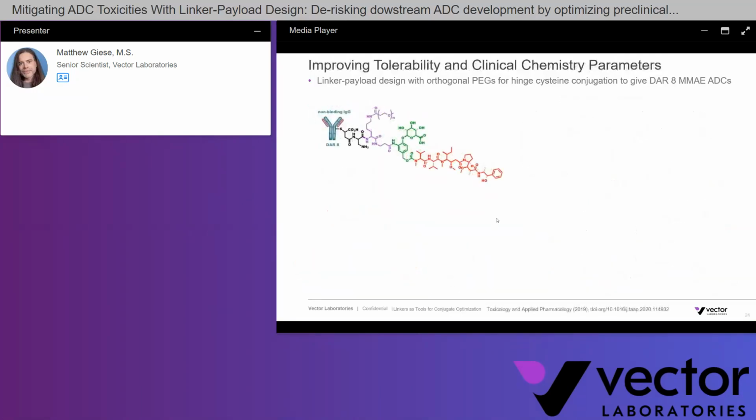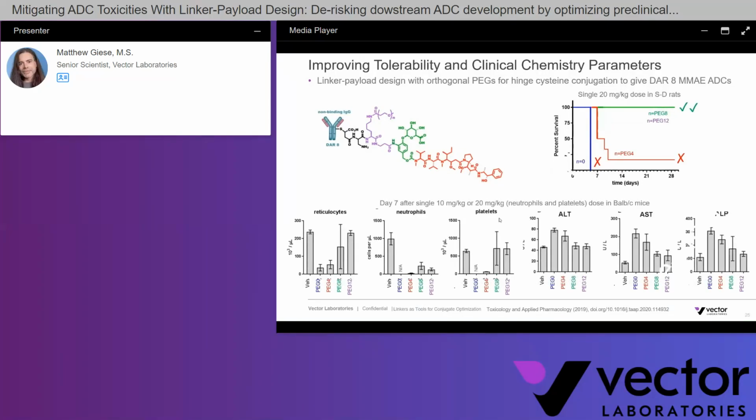That same study demonstrated that the tolerability and clinical chemistry parameters depended on the length of that orthogonal PEG. And ADCs with the no PEG or short PEG showed very low survival rates, while those with the 8, 12, or 24, the animals showed 100% survival rates.